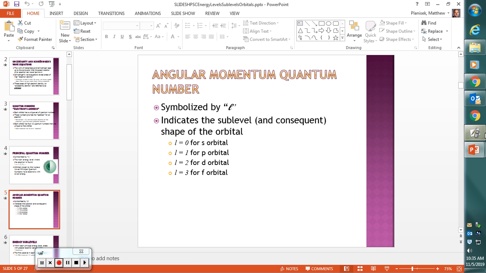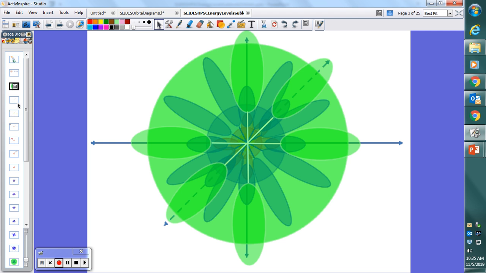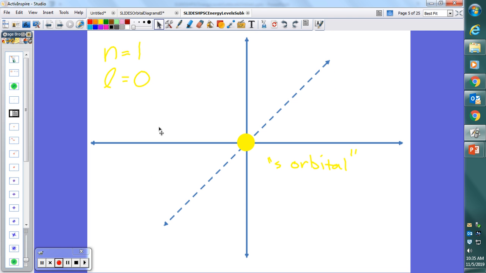As it relates to our drawing, we started assigning quantum numbers to these different orbitals that we drew in our picture on Friday. So we started off with the first two quantum numbers. This was the first orbital that we drew, the one that's closest to the nucleus.